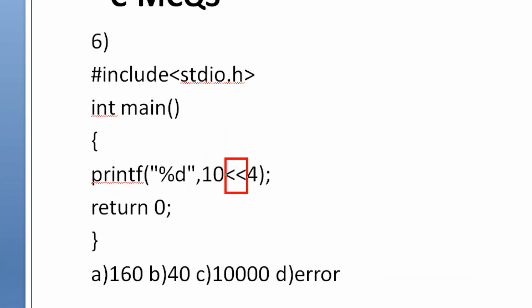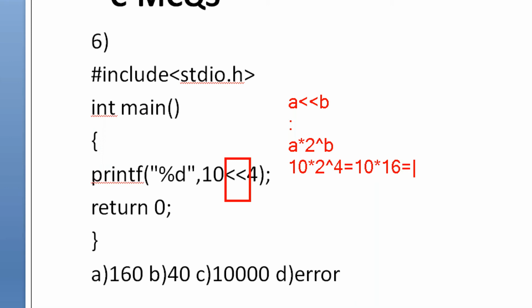And coming to this here, it is the left shift operator. Left shift operator, and we have one formula also. Suppose I am taking a number A and we are shifting B bits to the left side, then the value will become A into 2 to the power of B. The formula is like this: A into 2 to the power of B. A means 10, it will be 2 to the power of 4, which means 10 into 16, it will be 160.